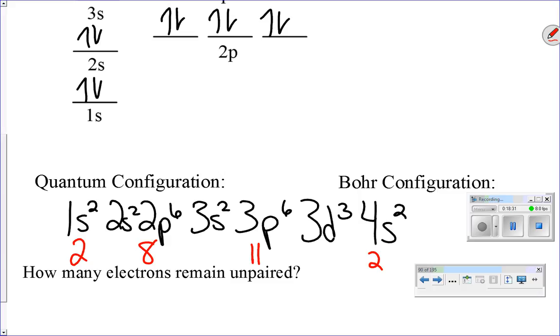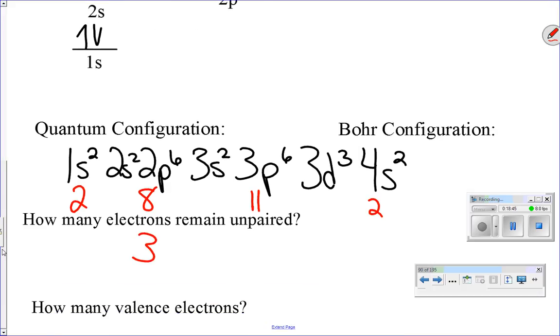What's really nice about this is if you look at vanadium's configuration on your periodic table, it's a weird configuration, but this diagram kind of explains that. In this diagram, we have 3 electrons remaining unpaired, and our 4th principal energy level gives us 2 valence electrons.